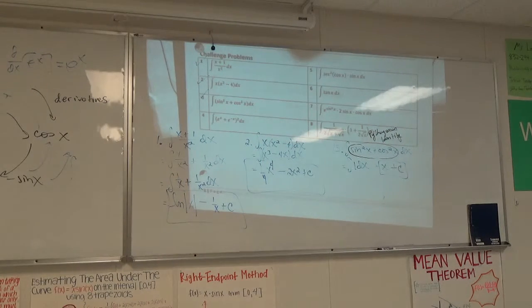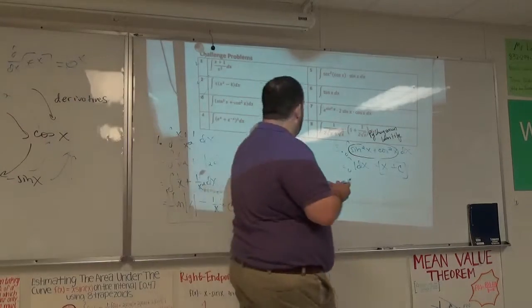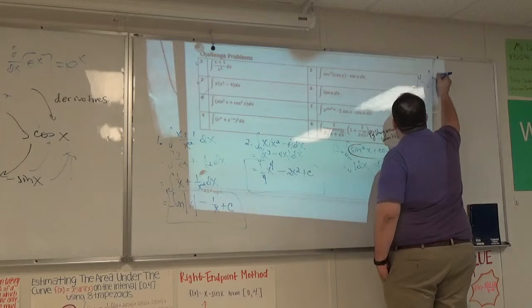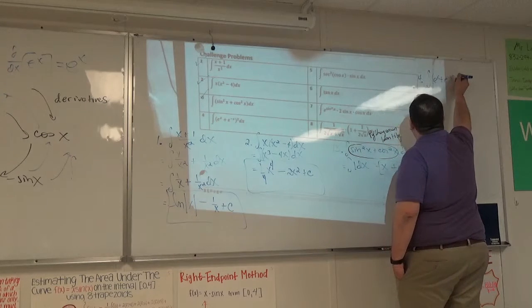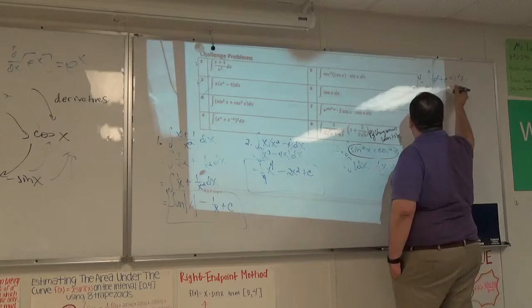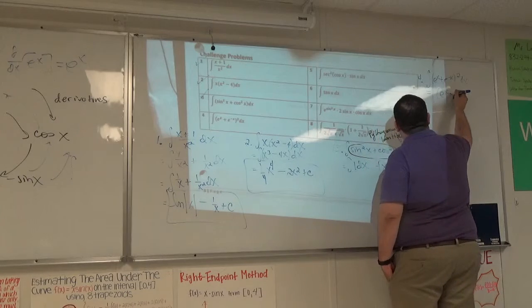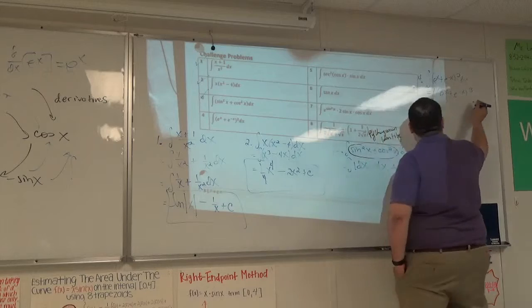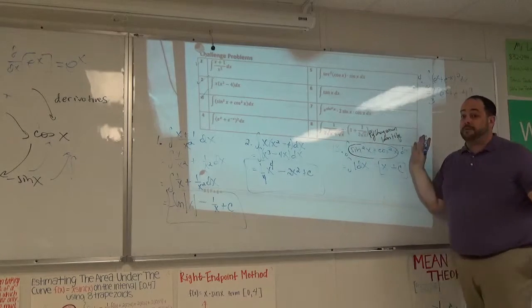Brian, are you and Anthony talking about number 4? Yep. Okay. So a popular idea is to do something like this: e to the x plus e to the negative x cubed times a third plus C. Totally popular idea.